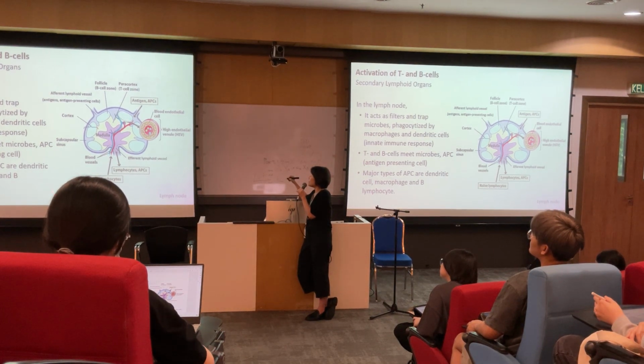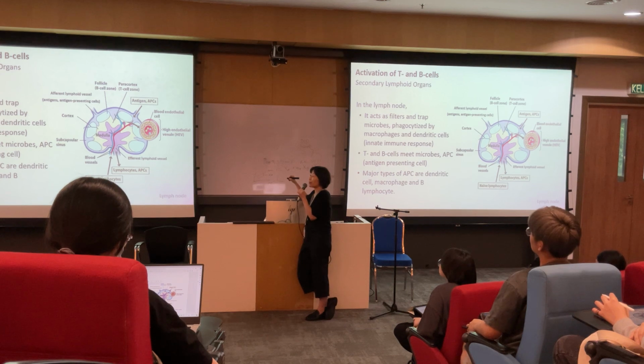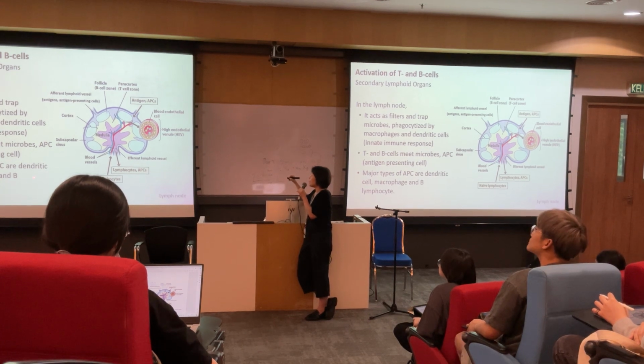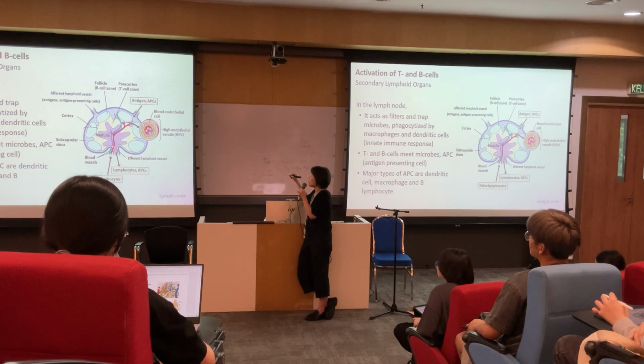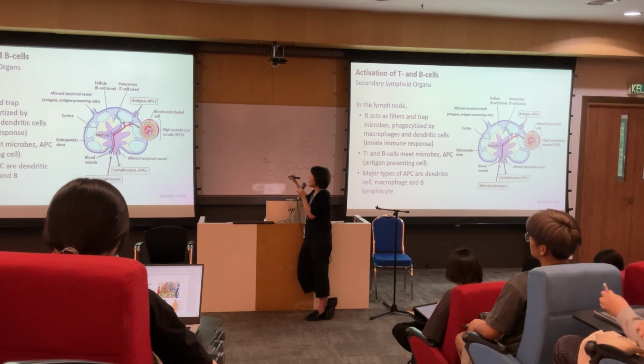So where do the B cells and T cells come from? When B cells and T cells become mature, they come out from the primary lymphoid organ. They go through the blood vessel again and come to these secondary lymphoid organs. So B cells and T cells come through here, and then they are inside this lymph node.